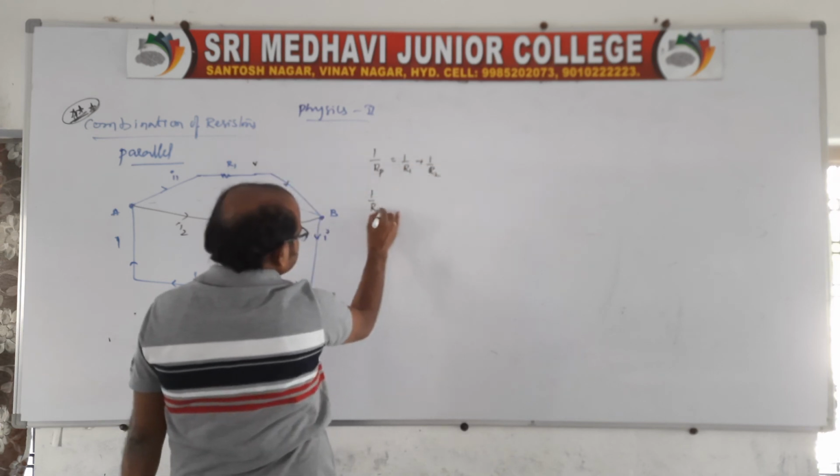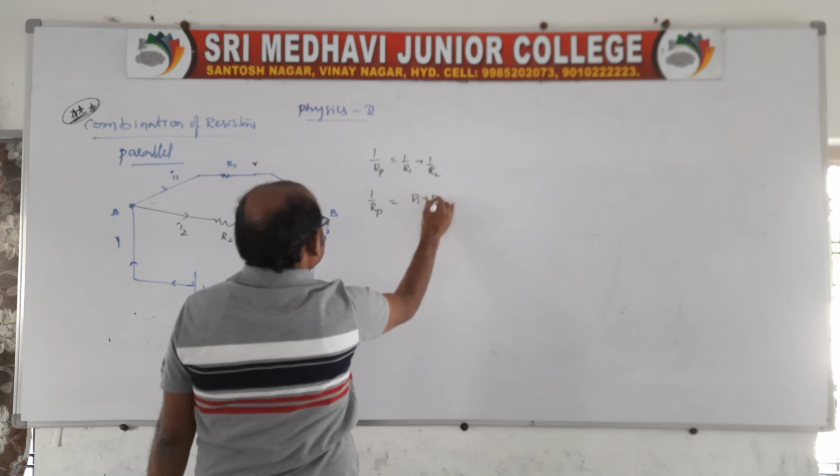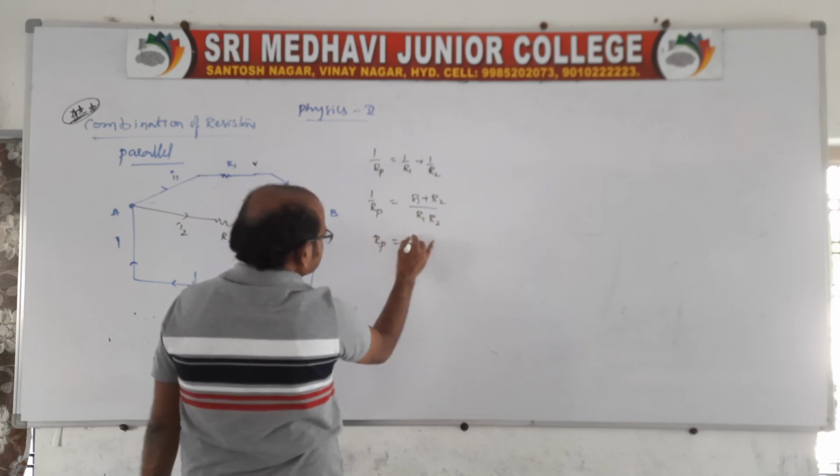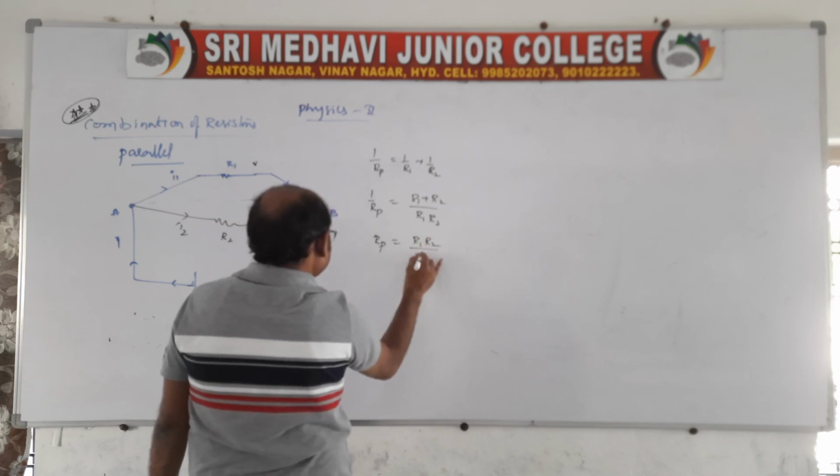So 1 by Rp is equal to (R1 plus R2) by R1 R2. So Rp is equal to R1 R2 by (R1 plus R2).